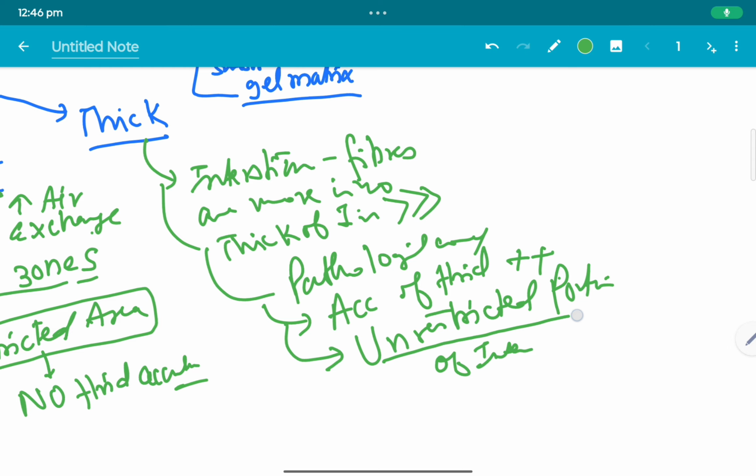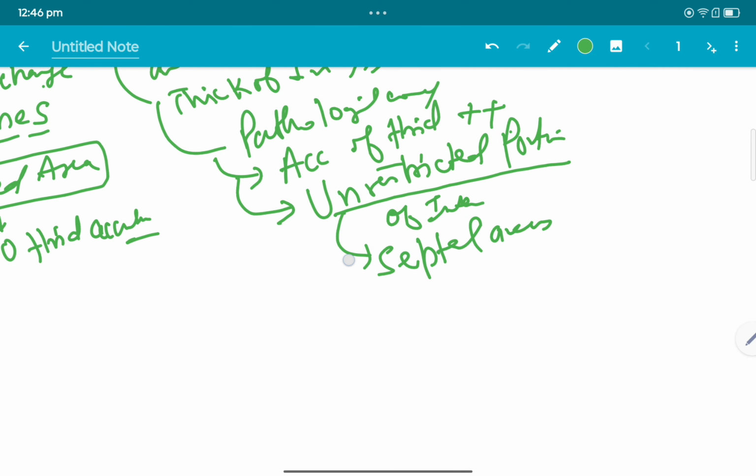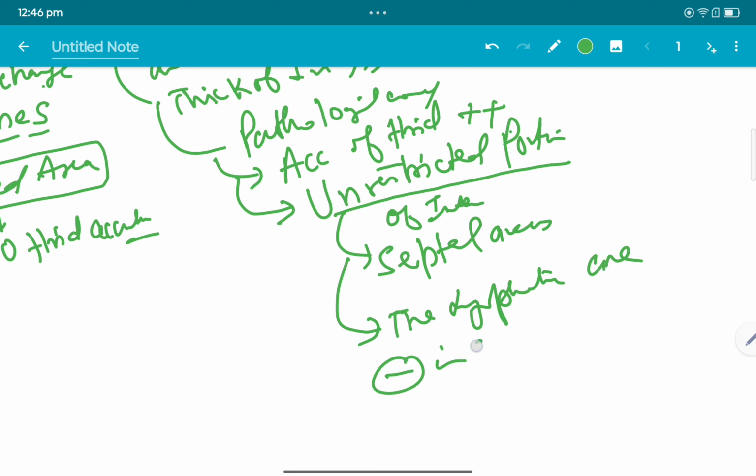These unrestricted portions are mainly present in septal areas. The lymphatics are absent in the septum.